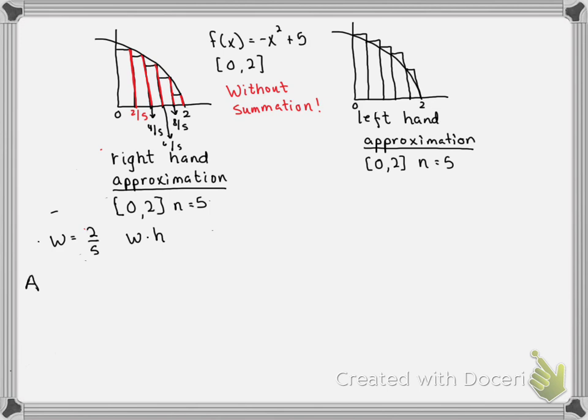So the area that we are approximating is the width times the heights of each one of those right-hand rectangles, using the curve. The way that we'll do that is we will evaluate the curve first at 2/5, because that is where the right hand of that first rectangle meets the curve.